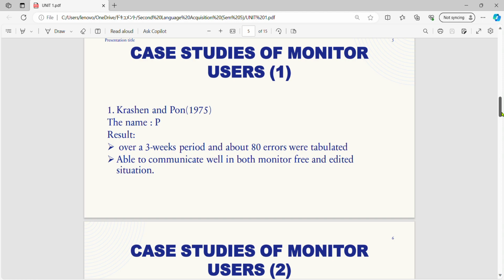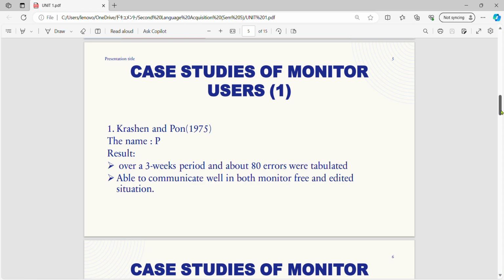It means that from the first case study, this person we named P was a person who had really learned and knew about English. Krashen and Pon made a case study about this person over a 3 week period, and they found some of the active errors that the person made.